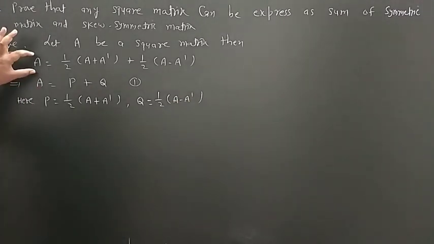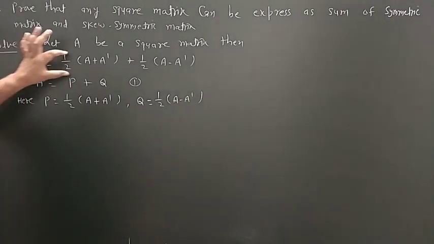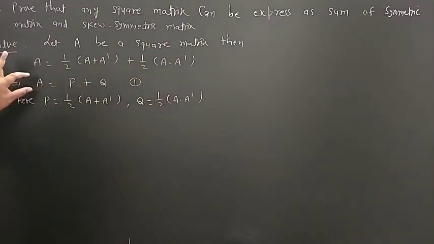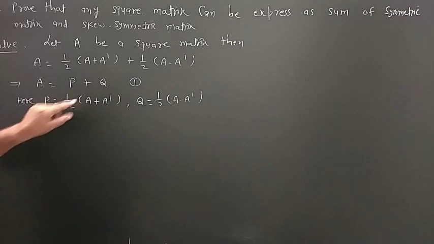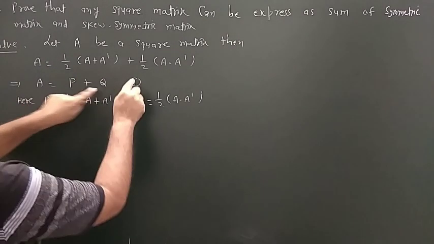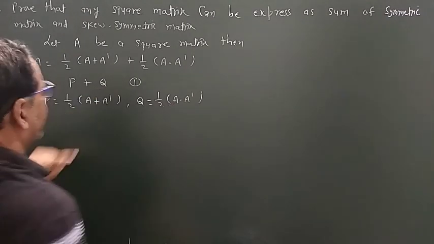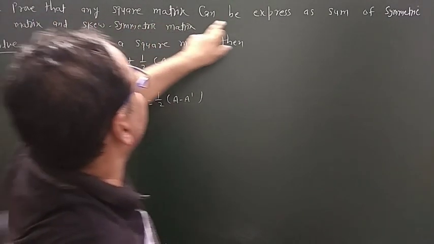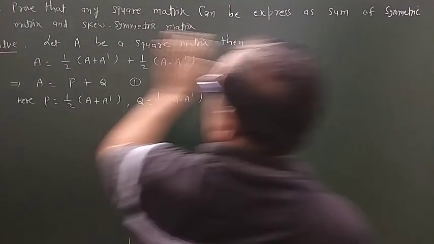We assume P as 1 upon 2 A plus A dash and Q as 1 upon 2 A minus A dash.